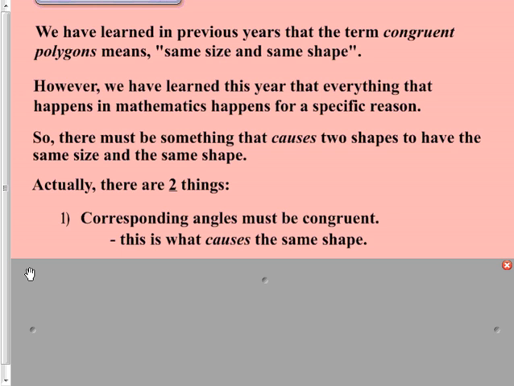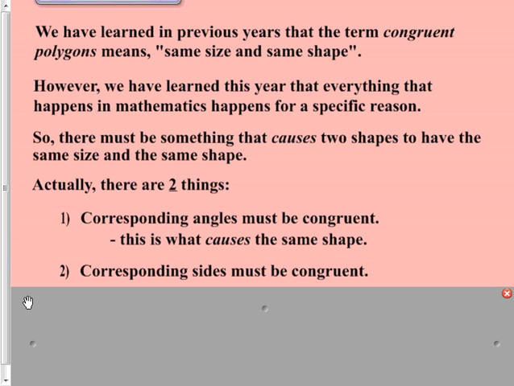When you start changing angle measurements inside of a polygon, that is what is going to make the difference between a quadrilateral being a rectangle or being a rhombus, or possibly the difference between being a kite or being a parallelogram.